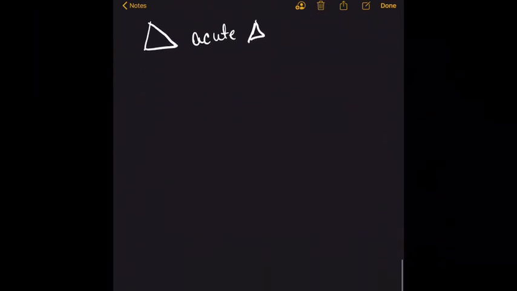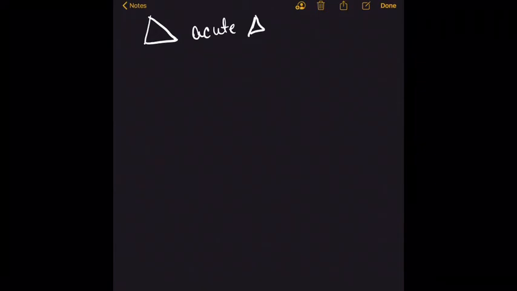And if we classify triangles according to their sides, they are either equilateral. Okay, remember an equilateral triangle, all sides are equal.